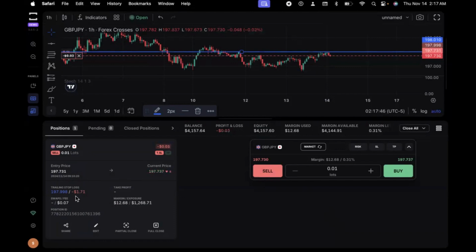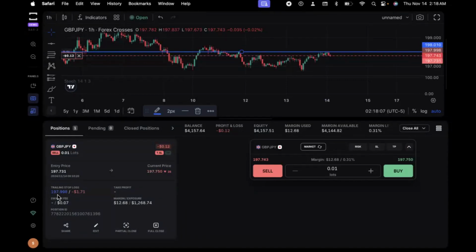So we can see that we started with an initial loss of 1.79, and our stop loss was a little bit higher. As the market continues to drop, our stop loss is also going to be decreasing because the market is following along. Like it's automatically trailing your stop loss for you, which is pretty cool.